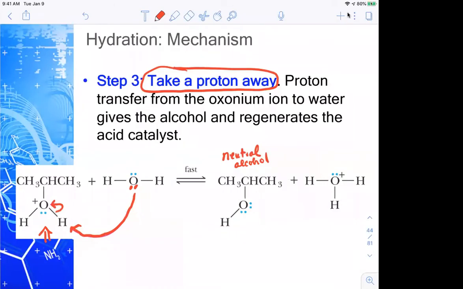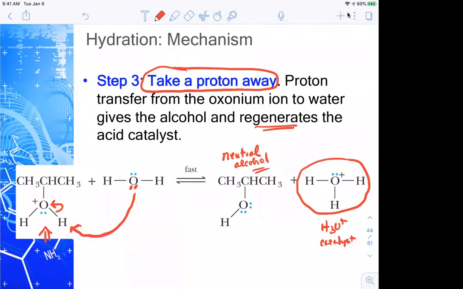Those electrons go on the alcohol. What I end up with now is the neutral alcohol as my product, and I've regenerated the H3O plus catalyst. So it's this deprotonation that's another step compared to the mechanism of the hydrohalogenation.